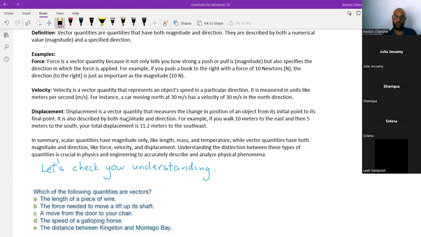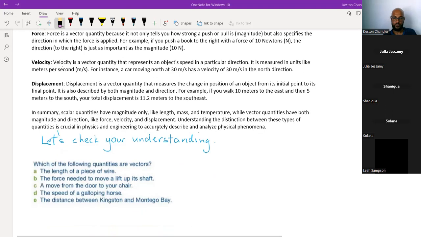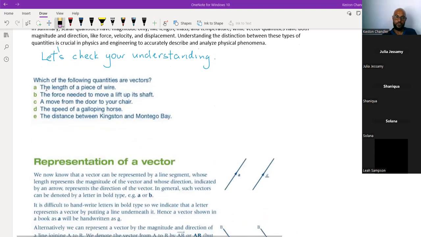Good. So let's see if you understand what we're talking about there. I have five things here. The length of a piece of wire, the force needed to move or lift up a shaft, a move from the door to your chair, the speed of a galloping horse, the distance between Kingston and Montego Bay.